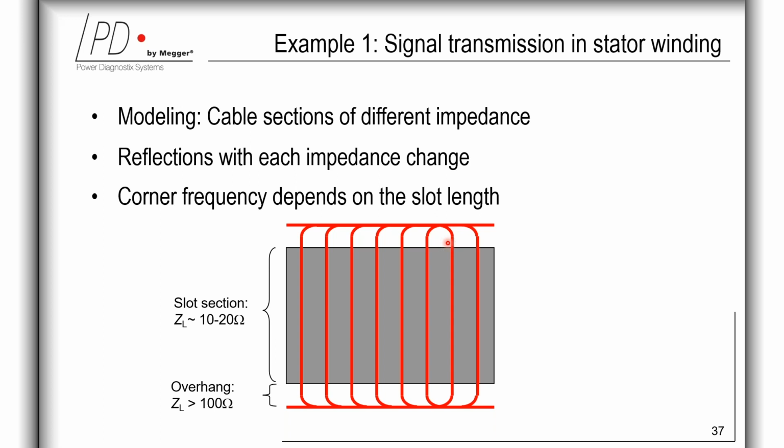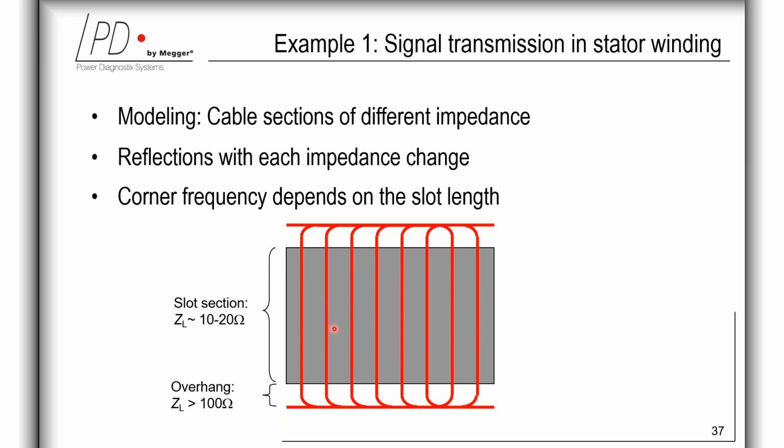So we will introduce this with two examples. The first example is a signal transmission in a stator winding of a rotating machine. First, the insulation in the slot section is relatively thin, while the cross-section of the conductor is comparably large. So the high-frequency behavior here is like a coaxial cable with a very small impedance.